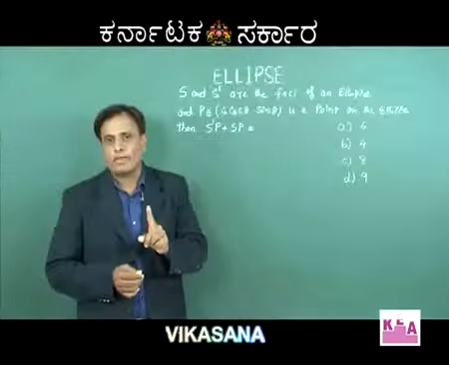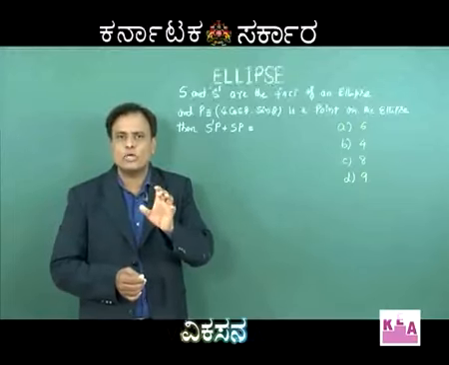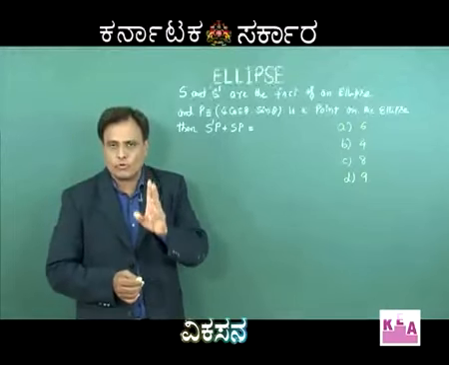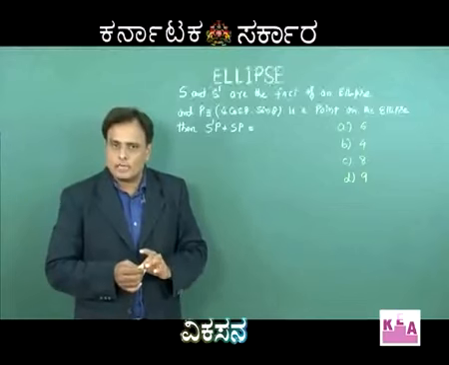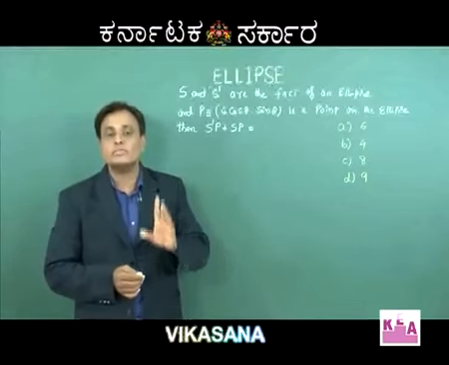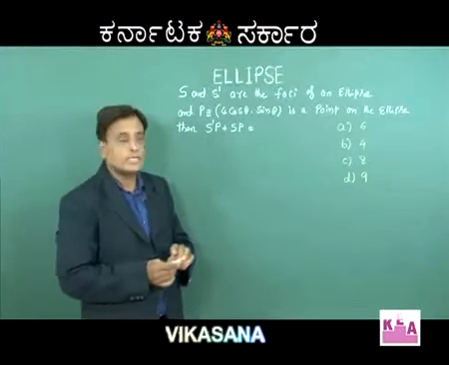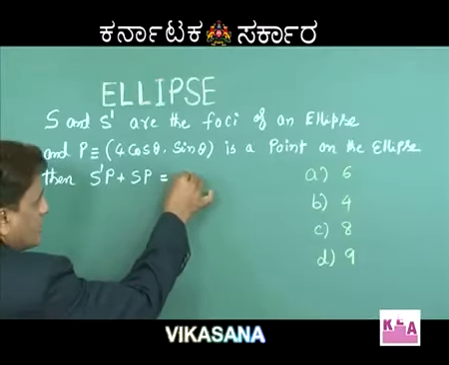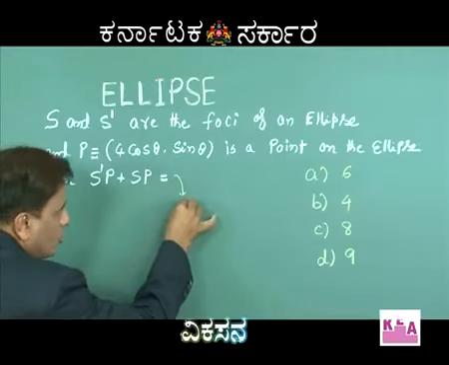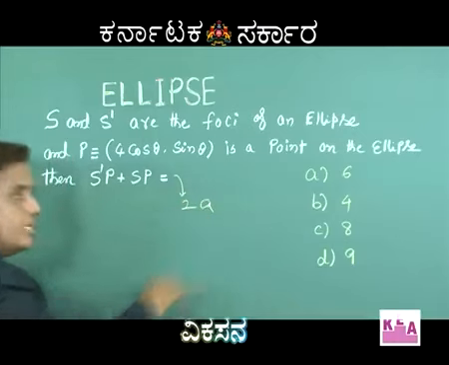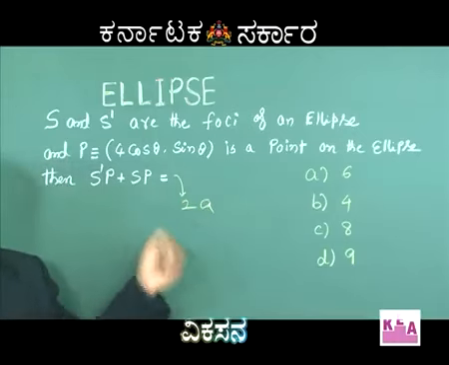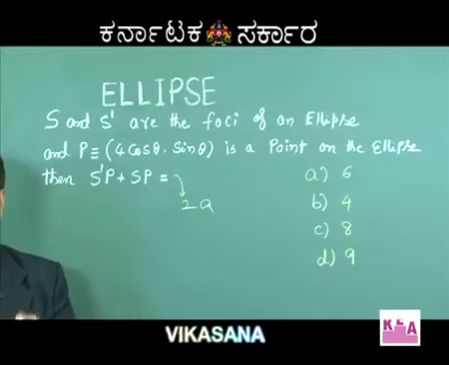Please note down this simple rule or formula: the sum of the focal distances in an ellipse is always equal to 2a, which is equal to the length of the major axis.